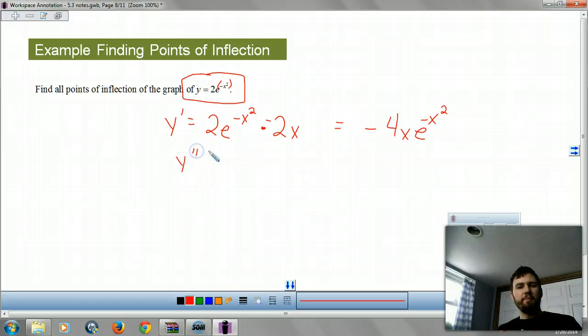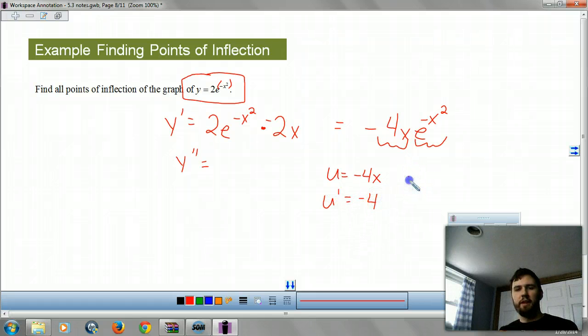Y double prime. Oh man. Now we have to use our product rule because we have a function times a function. So y double prime: my u is negative 4x, so my u prime is negative 4. My v is e to the negative x squared.